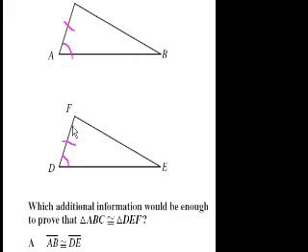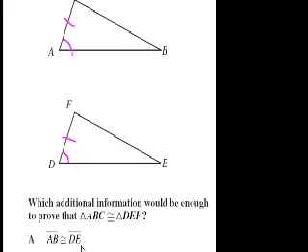So they just gave us one side and one angle. If they gave us another side, if they said that DE is congruent to AB, that'd be pretty cool. If they gave us this angle, if they said angle F is congruent to angle C, that'd be good. Let's see what they give us. AB is congruent to DE. Yeah, sure.